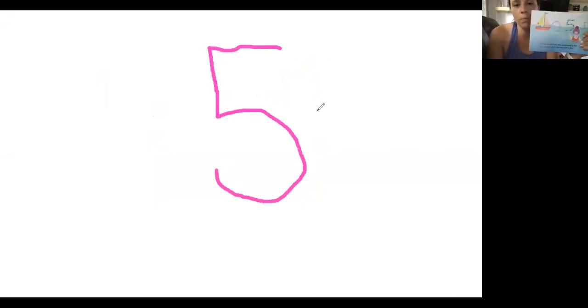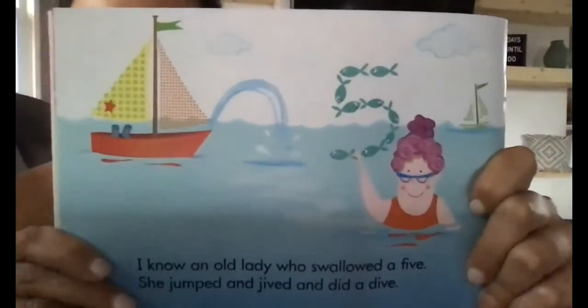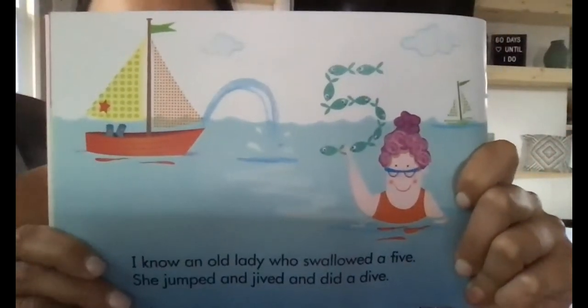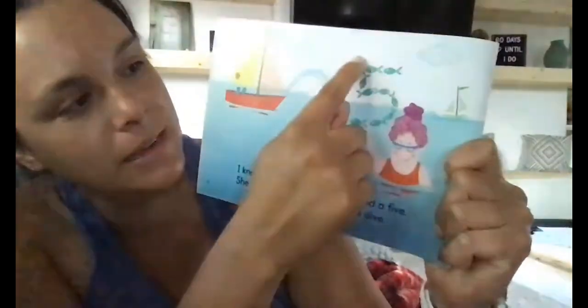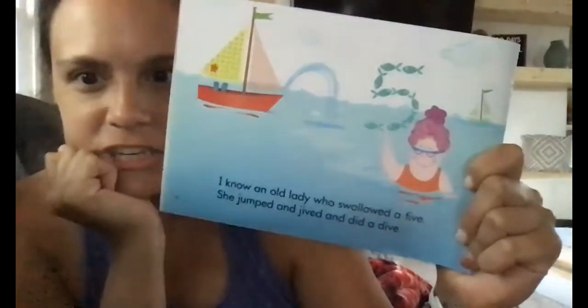So 5. It's got a big old belly. There's the number 5. There's only one way to draw a 5. That's how you do it. All right, take a look at the picture again and see if you can find it. Yeah, the 5 is right here. She must have swallowed fish.